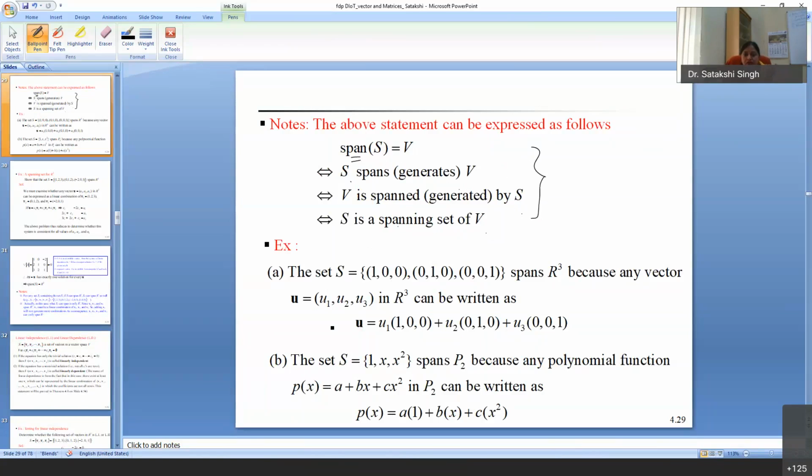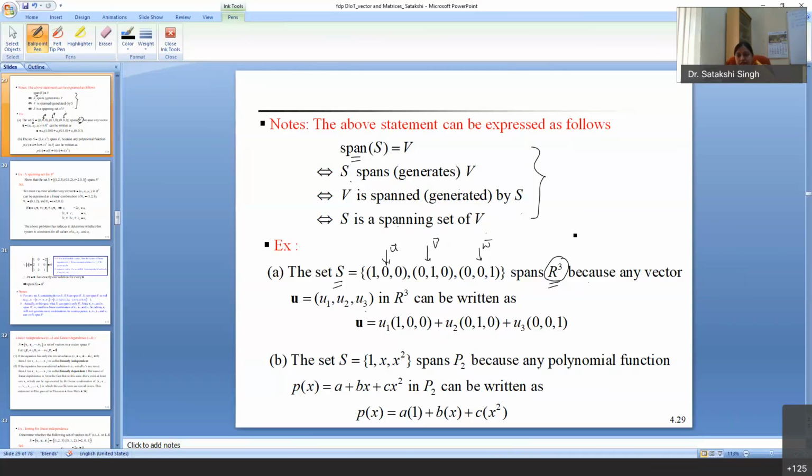Now let us look here. Say you have one example. Let us say you have the set S. This set S has three vectors, vector U, vector V, and vector W. Our vector U is nothing but 1, 0, 0, then 0, 1, 0, and 0, 0, 1 is the vector W. Now we say that this set S spans R3. R3 is the three-dimensional vector space, because any vector u1, u2, u3 in R3 can be written as, we say that S is a span of this R3.